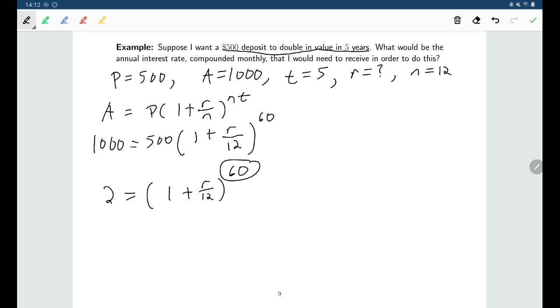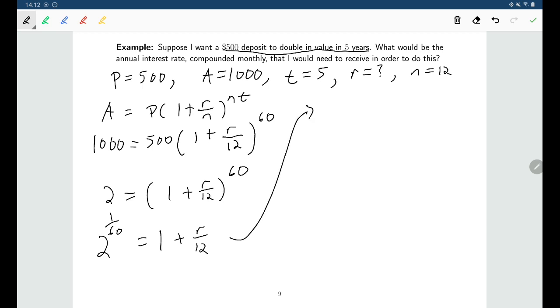If it was a cube, you would take a cube root. Since this is the power of 60, I'll take the 60th root, but instead of writing it as the 60th root of 2, I'm going to write it as an exponent. Remember that the 60th root would be the power of 1/60th. That makes a nicer looking way to write things down. So we have 2 to the power of 1/60th equals 1 plus r over 12. And now we just have to continue solving for r.